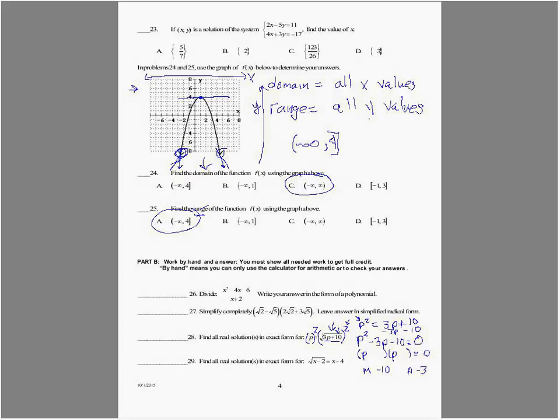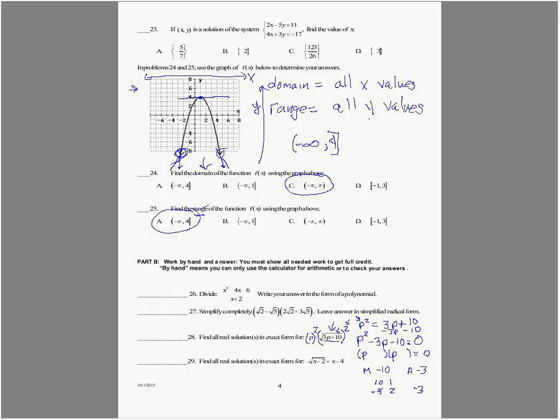So we're going to look at our factors. I've got 10 and 1, but there's no combination that's going to give me 3 out of 10 and 1. So let's move on. I've got 5 and 2. Can we get a negative 3 using a 5 and 2? Sure can. We can use negative 5 and a positive 2. That will add to negative 3 and multiply to be negative 10.